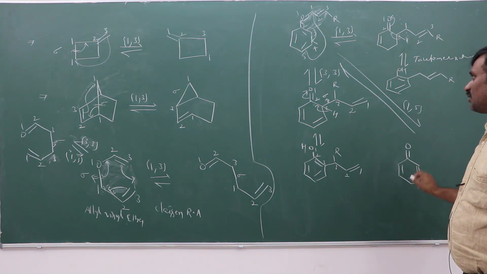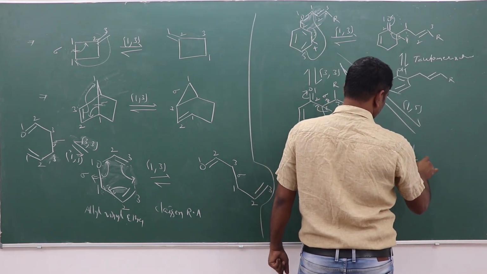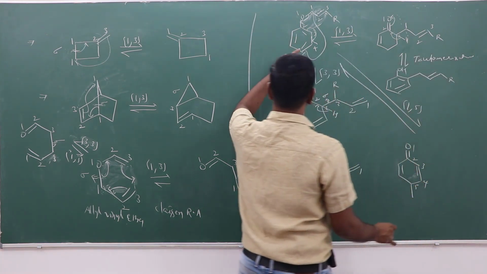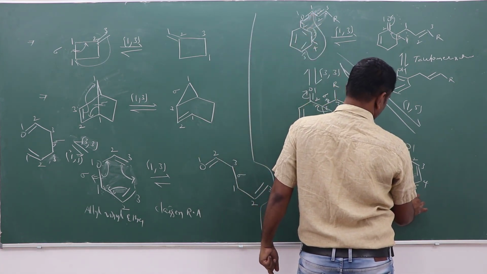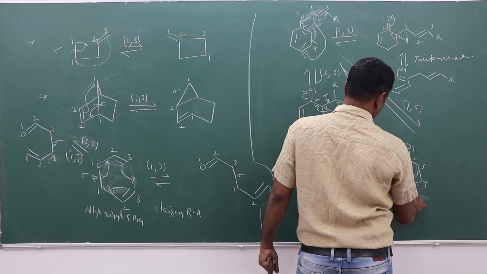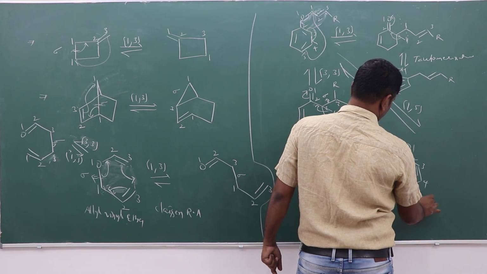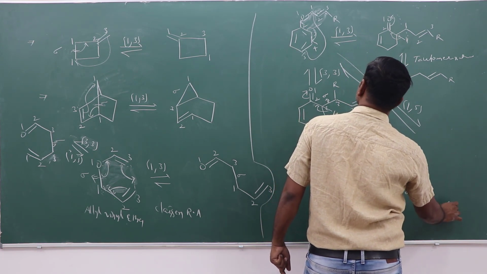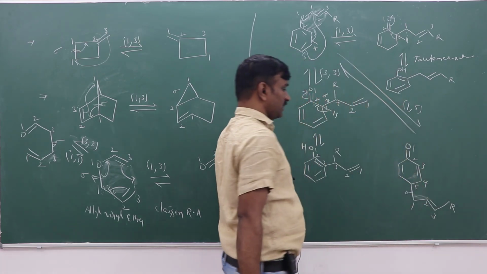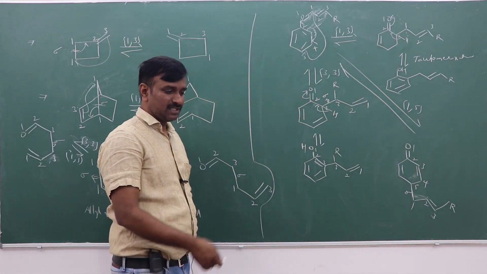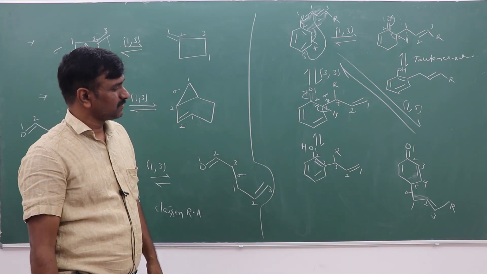The 3,4 positions have a double bond. Here, 1, 2, 3, 4, 5th position, it is attached to the first group, the 5th position. Right? When a 1,5 sigmatropic shift takes place, this will happen.